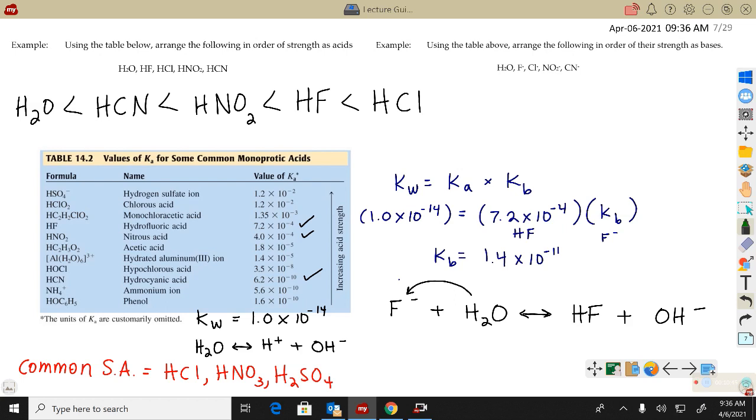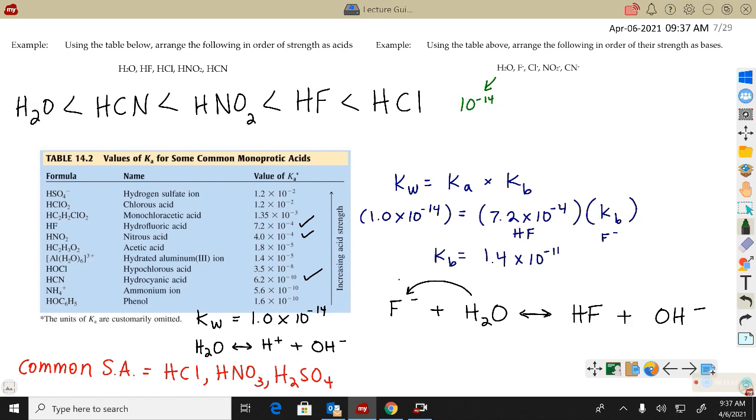Now, water's Kw will be the same whether we're thinking about water acting like an acid or acting like a base. Its tendency to dissociate is 10 to the negative 14th. It can act like an acid and produce hydrogen, or it can act like a base and produce the hydroxide. So Kw is going to be the same, 10 to the negative 14th, whether it's acting like an acid or whether it's acting like a base.